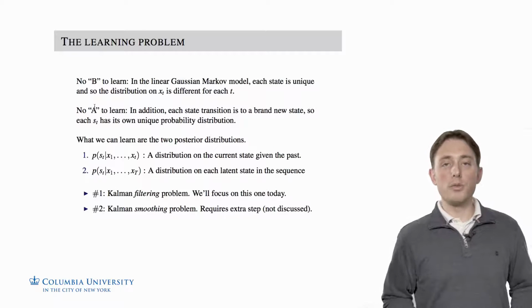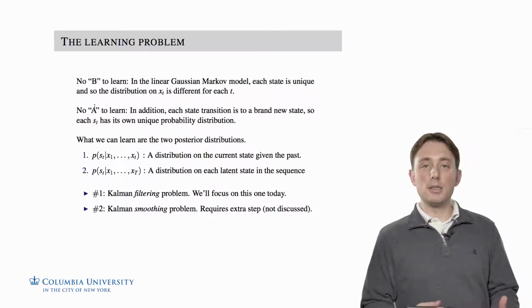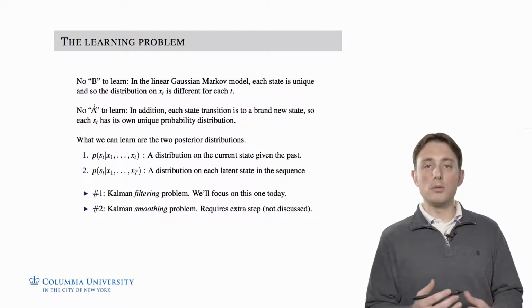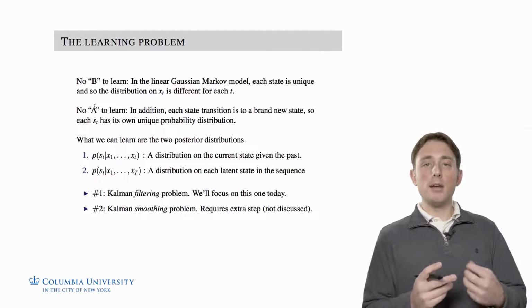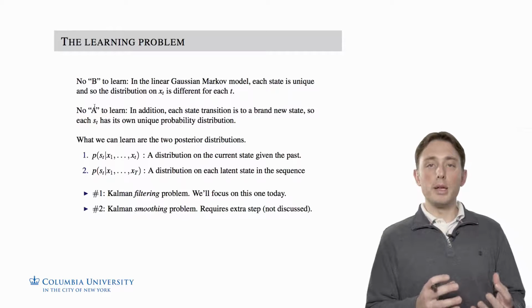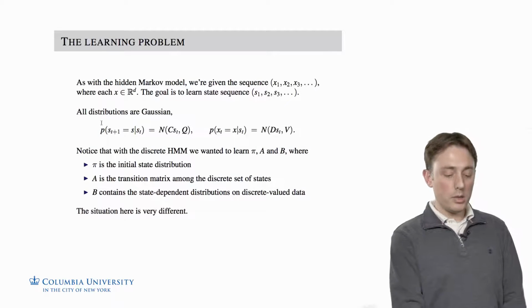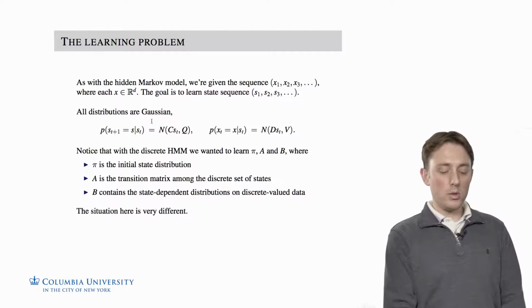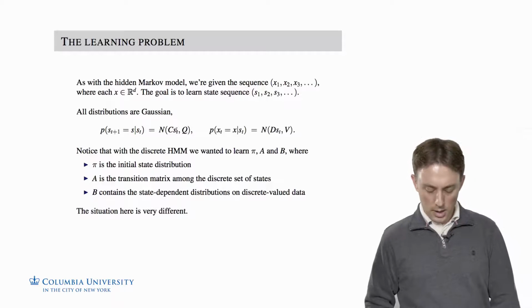Also, we don't have the matrix A to learn because we don't have a discrete set of states. Again, S is a continuous valued random vector with a continuous distribution, meaning that every state at every time point is going to be something brand new, a new continuous valued random vector. However, it's constrained by this distribution, which is what is going to make the problem of learning the underlying state possible.